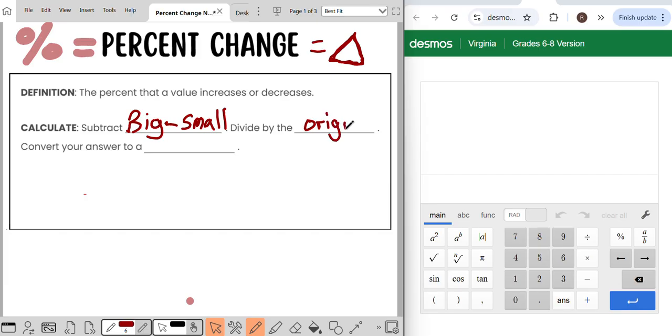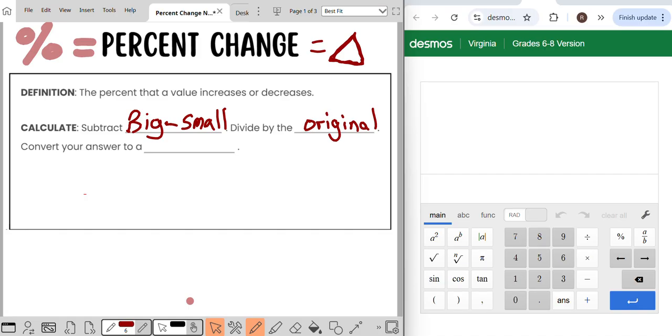And original number means whichever number came first in the problem. So if I said yesterday I had 10 dry erase markers and today I have 2 dry erase markers, then the original number, which happened first in time yesterday, was 10. So that's how you figure out original, what happened first in time.